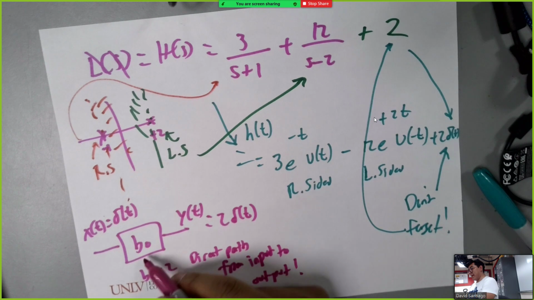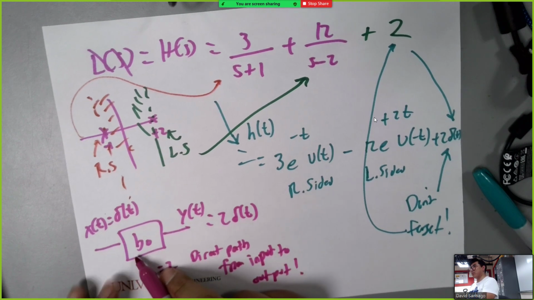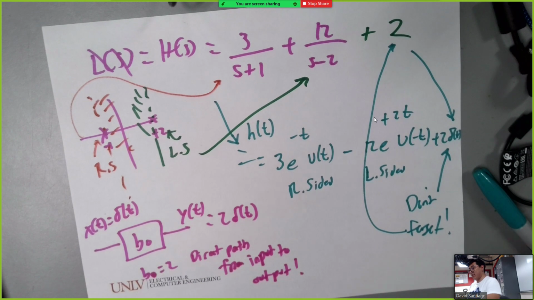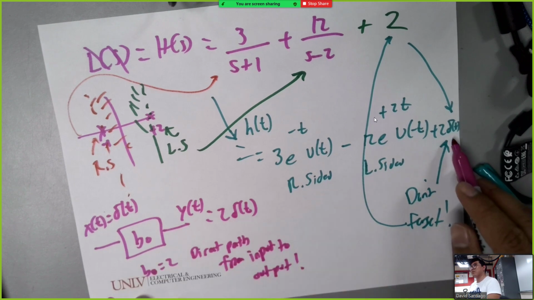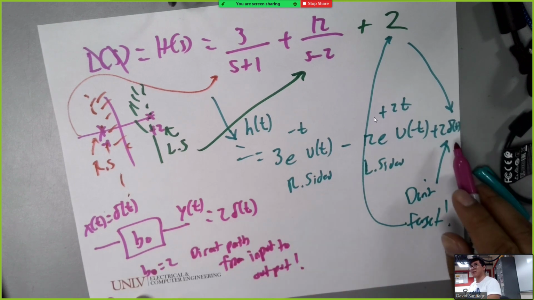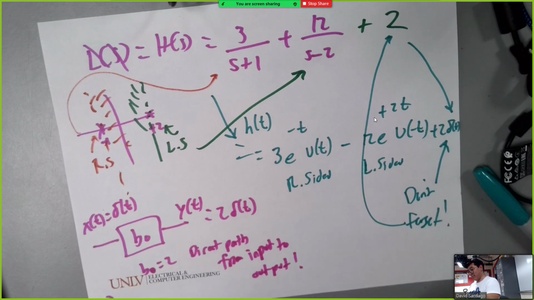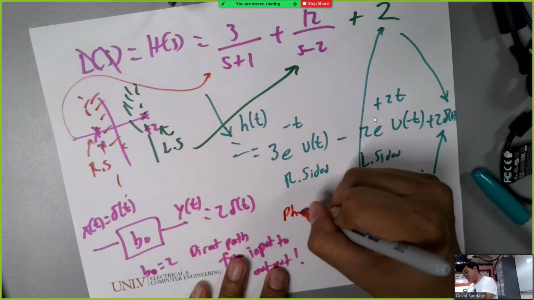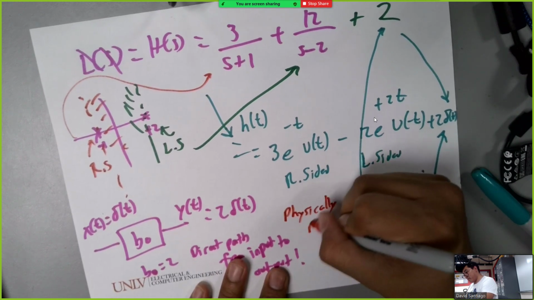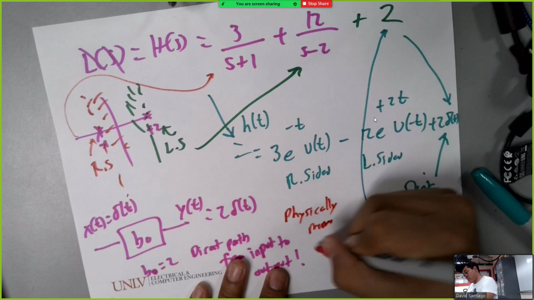There are no circuits between the input and the output, just a gain. It flies through the circuit at time equal to 0. Is that really cool? It physically means nothing.